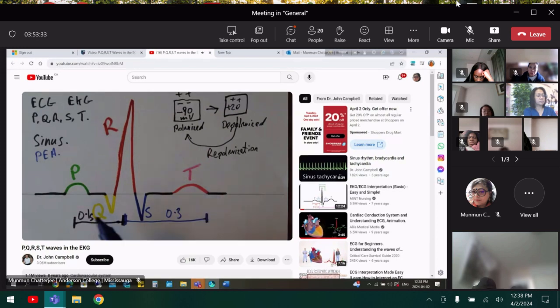So obviously, we're going to need a repolarization of the atrial myocardium, but we don't see that. Well, that's because there's so much electrical activity going on in the QRS that the repolarization of the atrial myocardium, which of course takes place, it has to take place, but we don't see it because it's buried in the QRS complex. But there will be one, there has to be, otherwise the atrial myocardium couldn't depolarize to generate the next atrial systole.